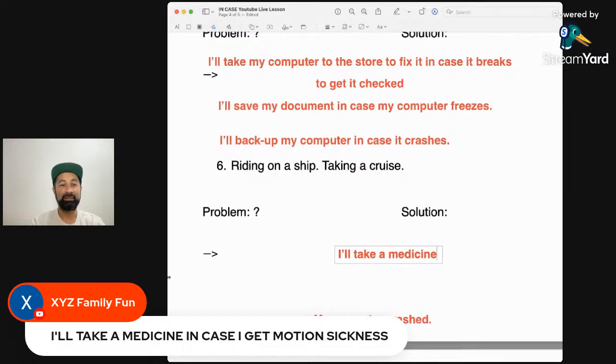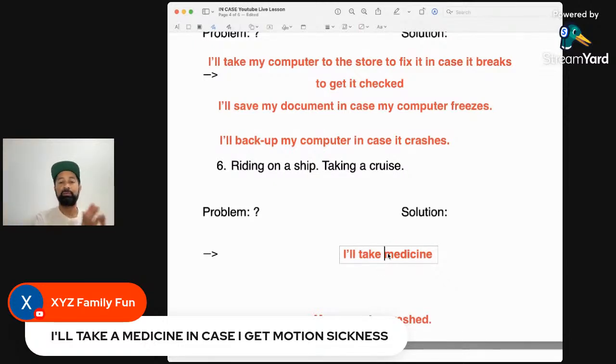Now, medicine is uncountable. We cannot count medicine. So we can't say one medicine, 2 medicines, 3 medicines. Because it's uncountable, we can't use the word a. A means one.